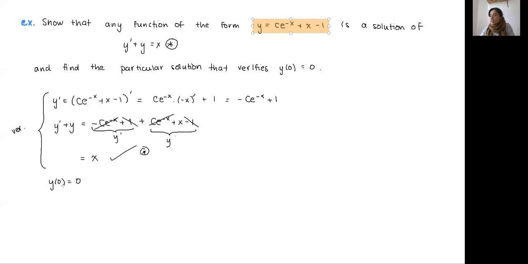All that we have to make sure of now is that once I evaluate it at 0, the function itself is going to be equal to 0. Okay. So by plugging into the equation, I'm going to get that y of 0 is equal to c times e to the 0 plus 0 minus 1, which means that this is c times e to the 0, which is 1. This is c minus 1.